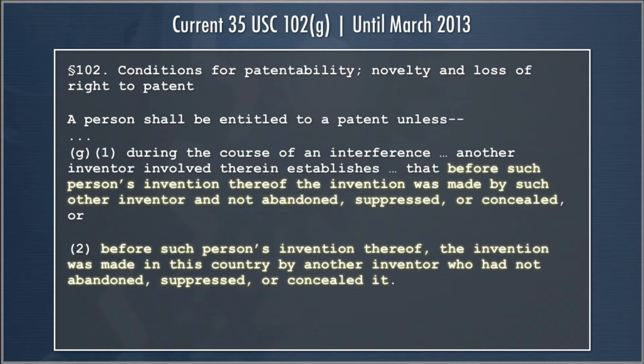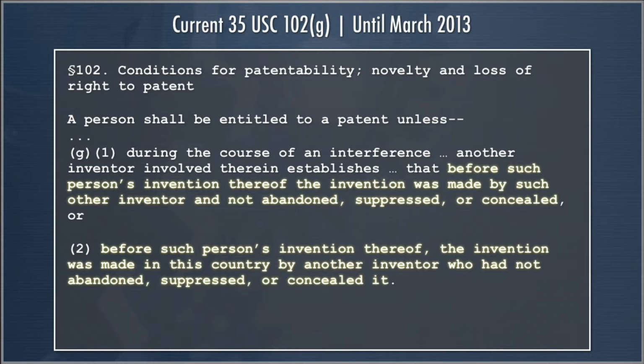Subsection 2 deals with the general case of litigation after a patent has been granted, then allows the fact that somebody else earlier invented that same invention to be essentially a defense, a reason that the patent at issue is invalid. But other than that, they offer the same basic idea.